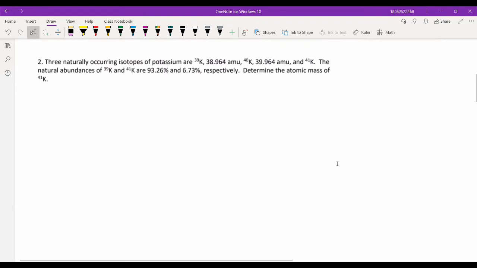Okay, so just for practice, another variation on this problem. We have a problem involving potassium, which has 3 isotopes. So this is 50% more fun. It's just math. And if we summarize our data, so we have potassium 39, 40, and 41. And then we have these masses that are given.